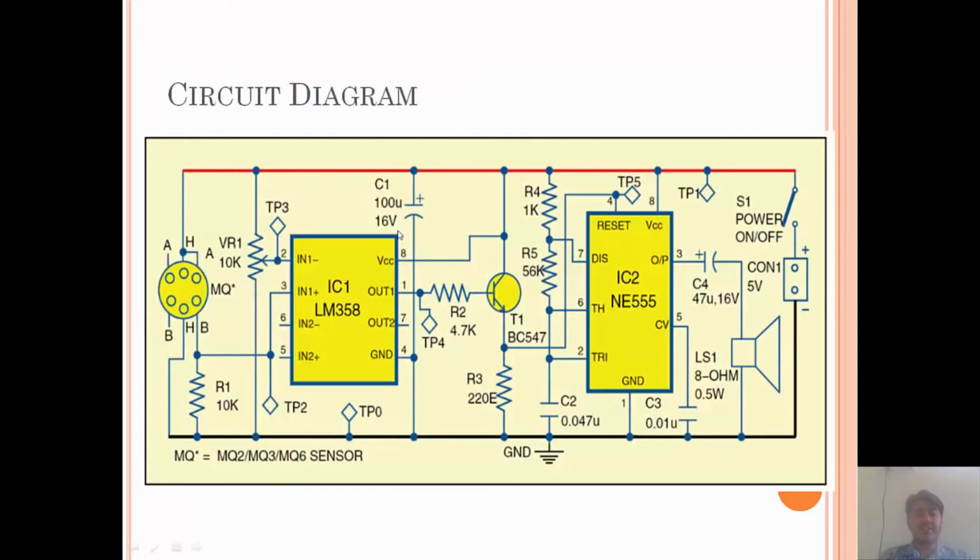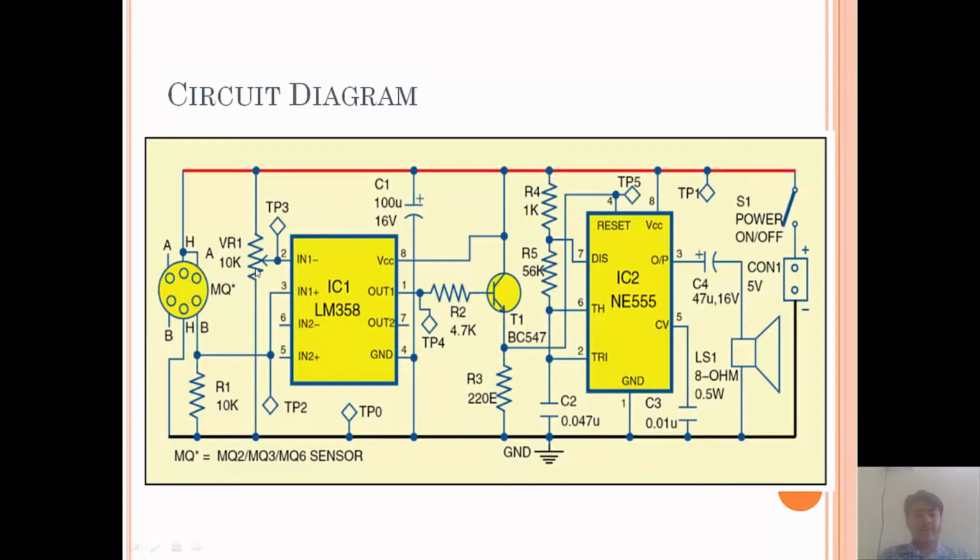There are some test point voltages in the circuit diagram. TP0 is ground, so it has 0 volt. TP1 will have 5 volt since we have connected a 5 volt battery. TP3, we have to set this voltage by the variable resistor.